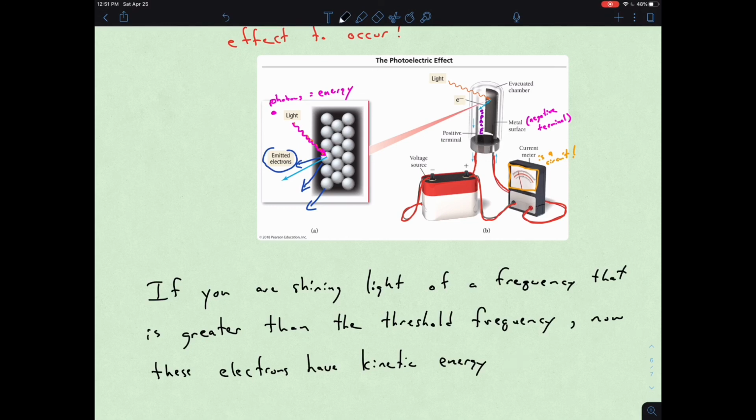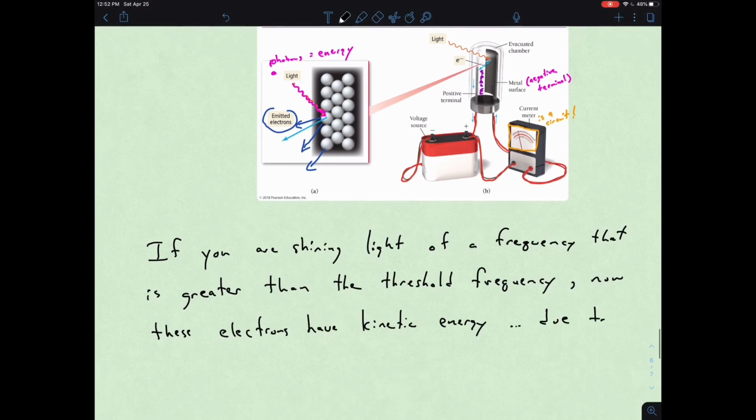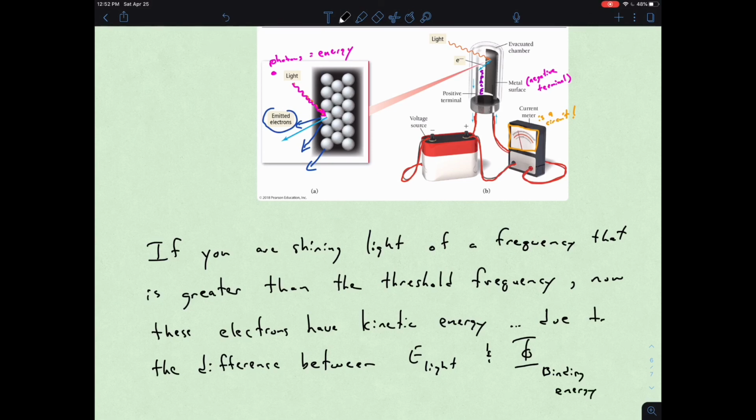And that kinetic energy is due to the difference between the energy of light and your binding energy.